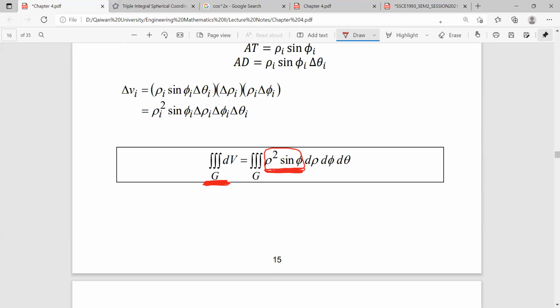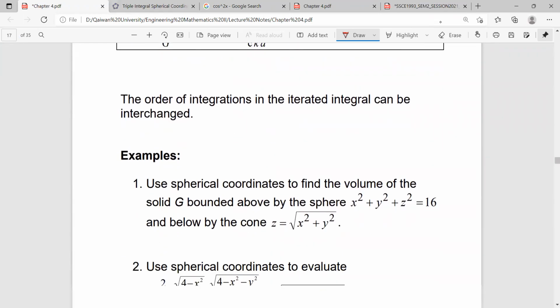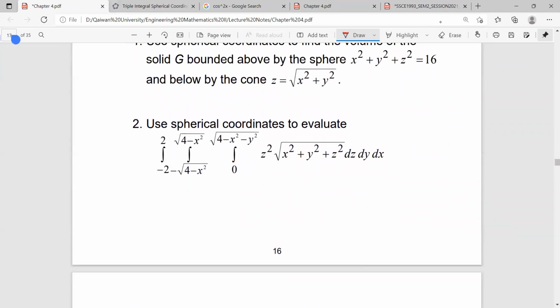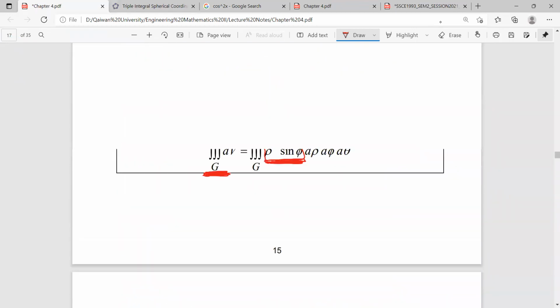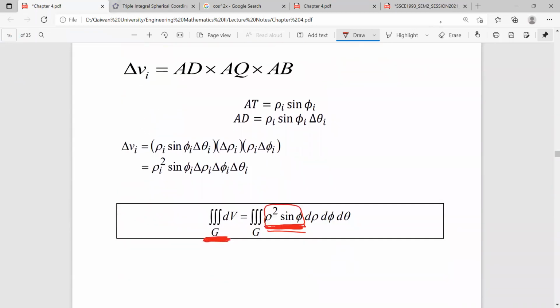Even if you have a function, for example in this example, when we change this to d rho d phi d theta, we should multiply the function by rho squared sine phi, then d rho d phi d theta.